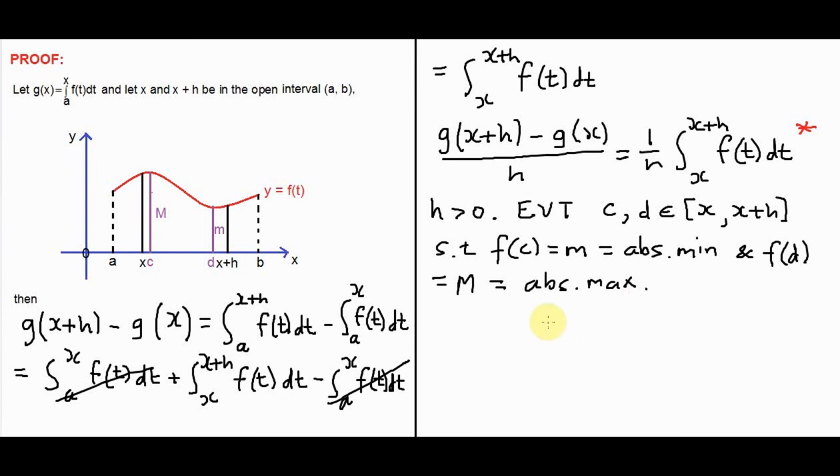Then, by property 10 of definite integrals, the definite integral from x to x plus h of f of t dt will be greater than or equal to small m times h, but less than or equal to capital M times h.